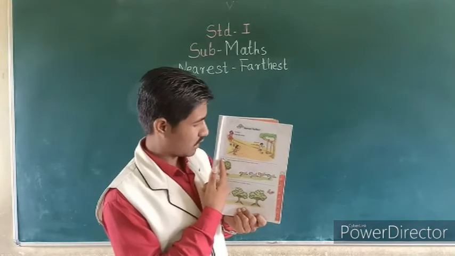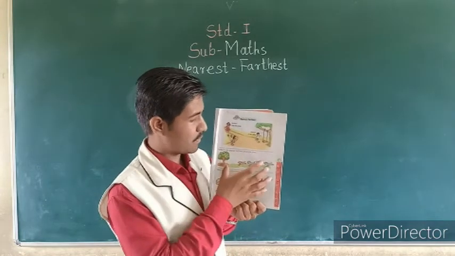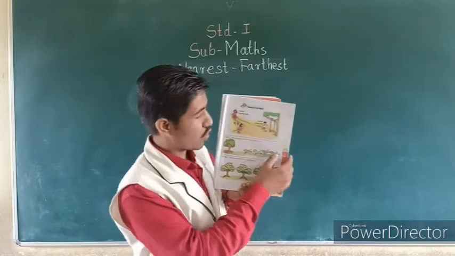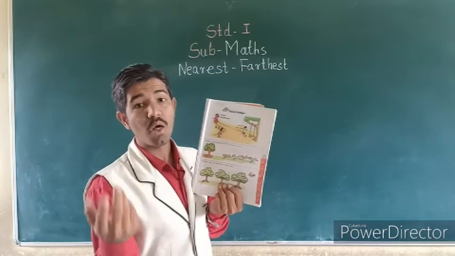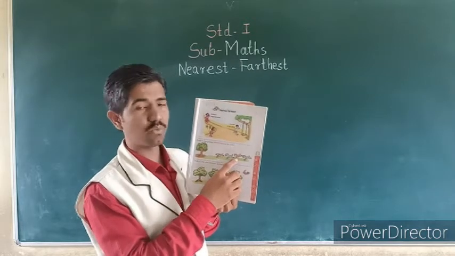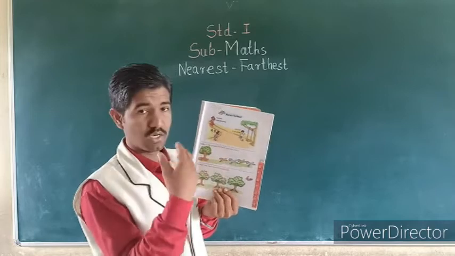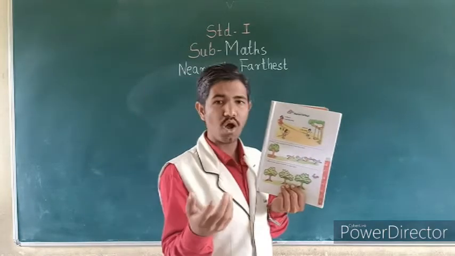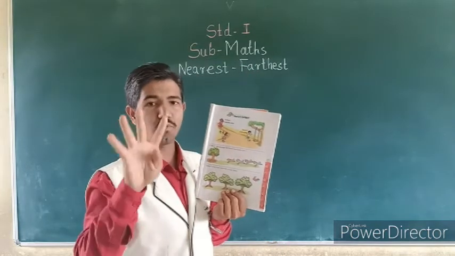Understand? So you have to tick the puppy farthest from the tree. Which puppy is the farthest? See here. The 4th puppy is the farthest, not the other three. The first is close, the second is close, the third is close, but the 4th puppy is at a long distance. So you have to tick the 4th puppy, the farthest.